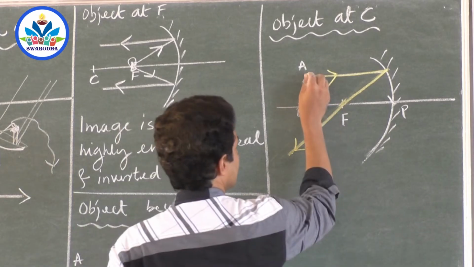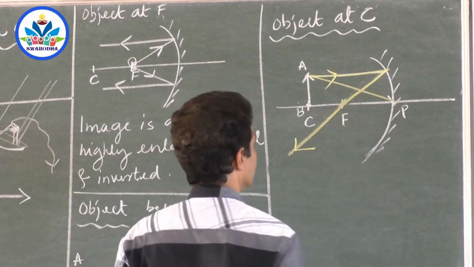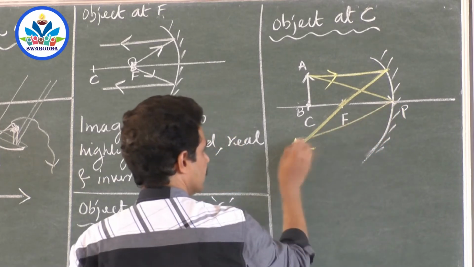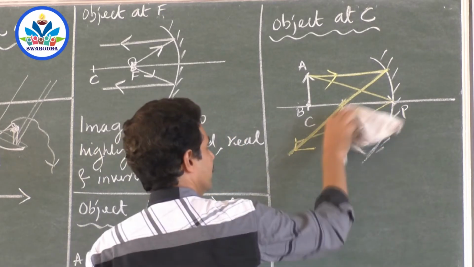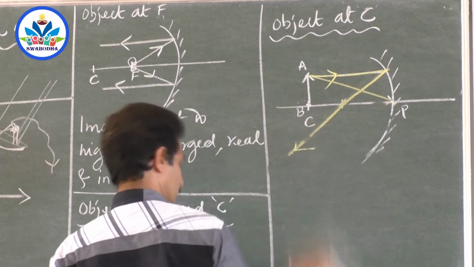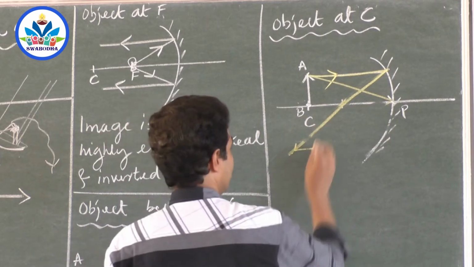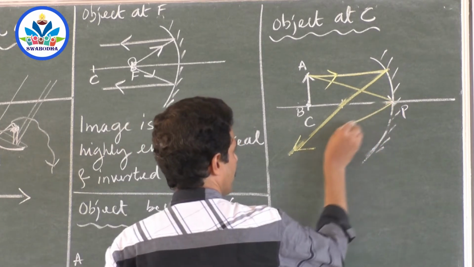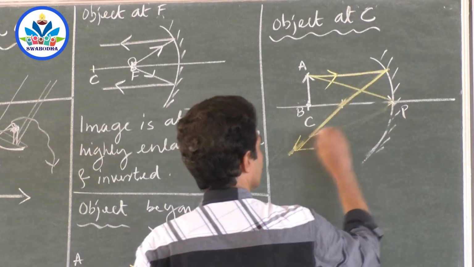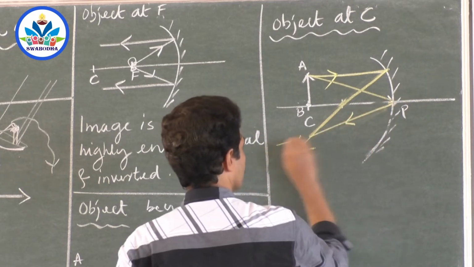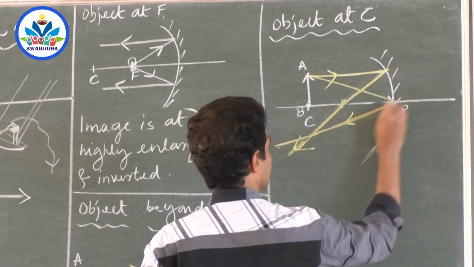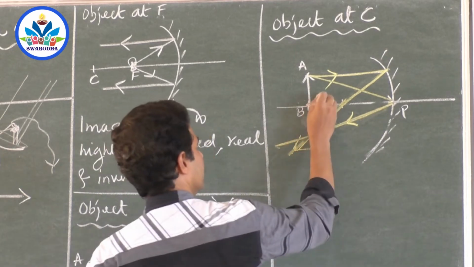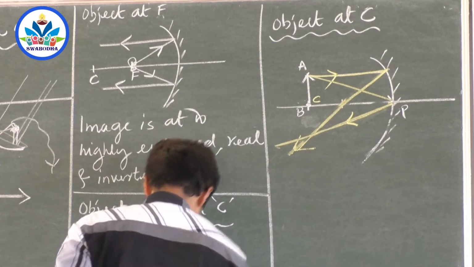Another ray is incident to the pole like this. After reflection, it should reflect with the same angle and come here. So I know where the image should be formed. That's why I am trying to correct it. It should be geometrically proper. This is a better option. So it gets reflected like this. Right.